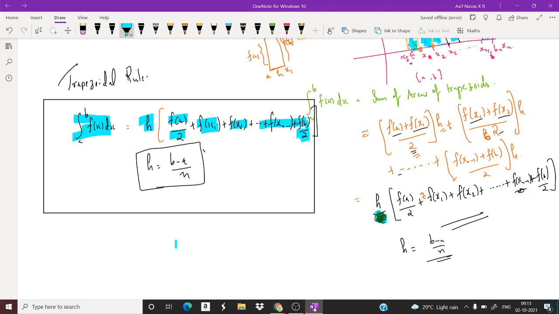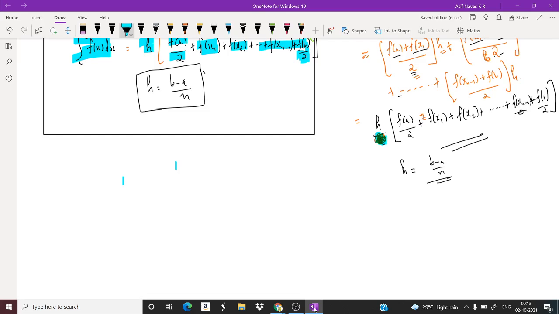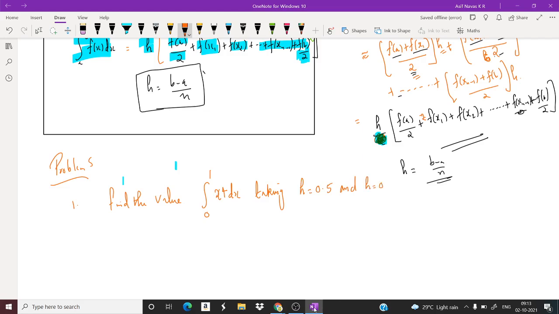Now we will do a few problems, and the problems are very easy. The first problem is: find the value of the integral from 0 to 1 of x raised to 4 dx, taking h equal to 0.5 and also h equal to 0.25, using the trapezoidal rule.